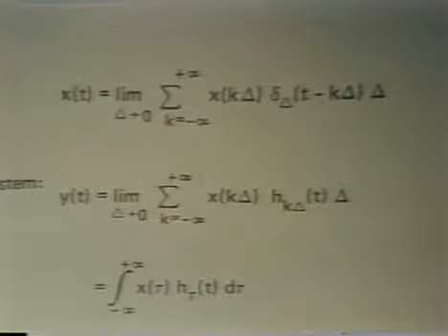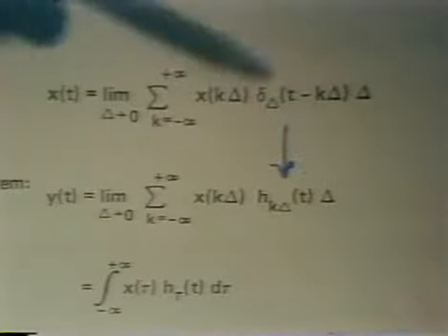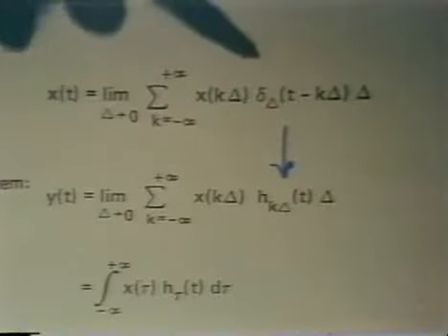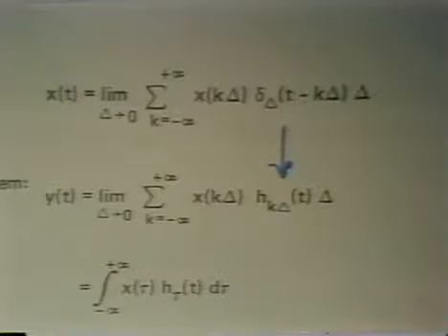So with h sub k delta of t corresponding to the response to delta sub delta of t minus k delta, the x of k delta and this little delta are basically scale factors.